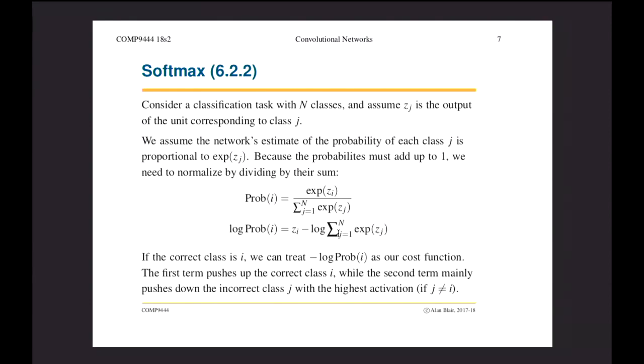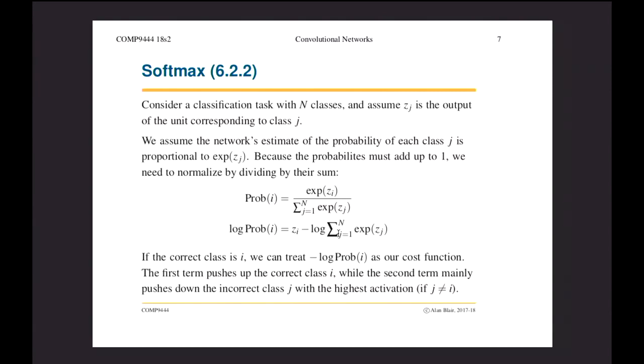And the way this works is that for a particular class j, you have output Zj, and then you assume that the probability of that class is proportional to e to the power of Zj.